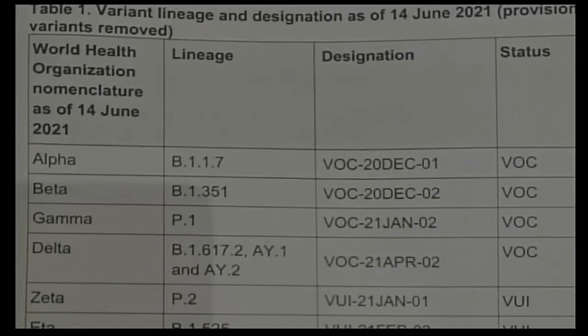Exactly. Yes. All right, so that's what we know so far. Alpha is more transmissible. Delta is more transmissible than Alpha. Gamma is affecting younger children and spreads faster. And I don't remember what Beta's claim to fame is.